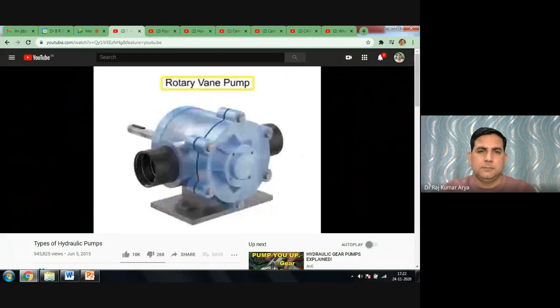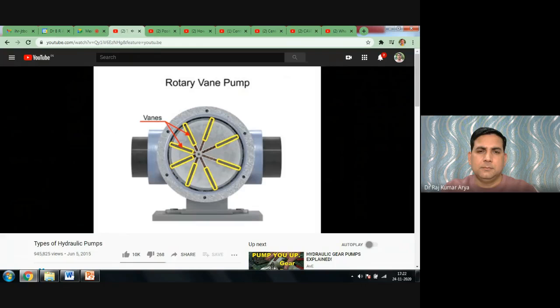A rotary vane pump is a positive displacement pump that consists of vanes mounted to a rotor. The vanes are on an off-center drive shaft. As the shaft rotates, the variable length vanes slide in and out to maintain contact with the pump housing.